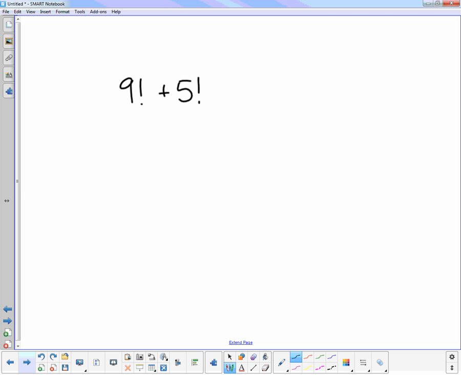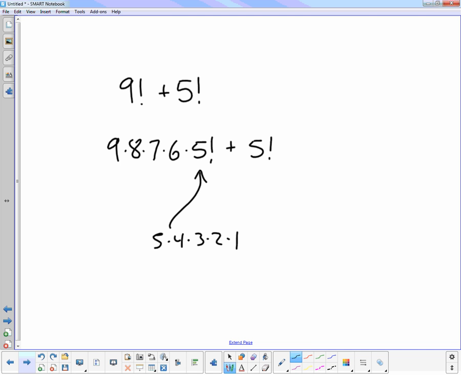Do this. See how I did that? Because what is 5 factorial? So I just stop writing this long string of multiplications by saying, hey, that's just 5 factorial from here on out.